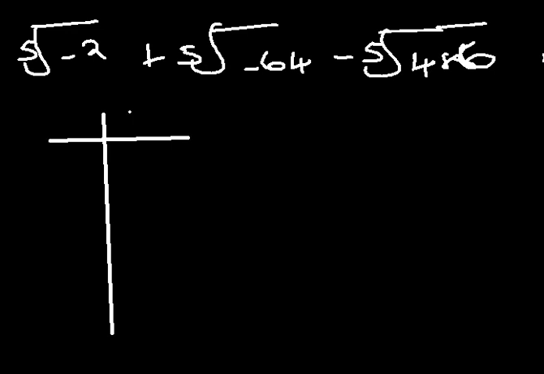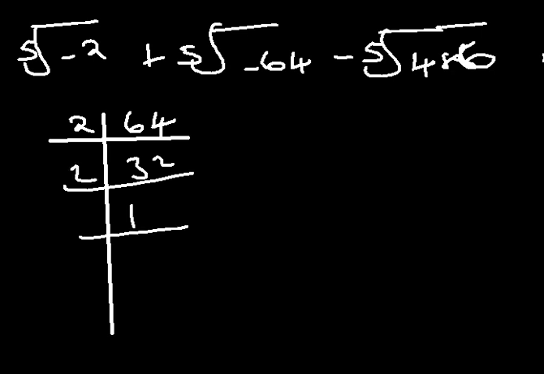So have 64, divide by 2. What is 2 into 64? We'll have 32. Then 2 into that gives 16, then 8, then 4, 2.